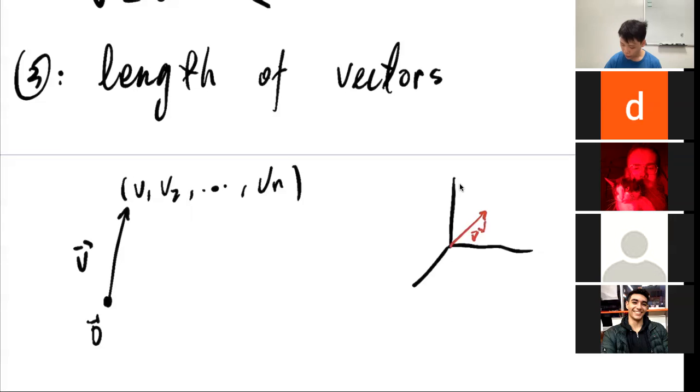First you break it down into two perpendicular vectors. This one is parallel to the z-axis, so it has the same length as the z value. We break it down into this vector, let's call it v0, and this z vector.